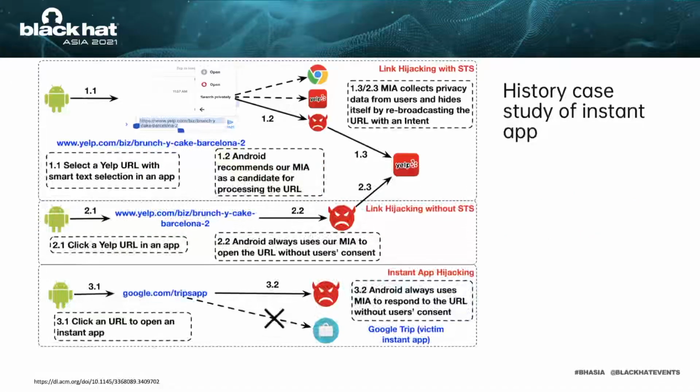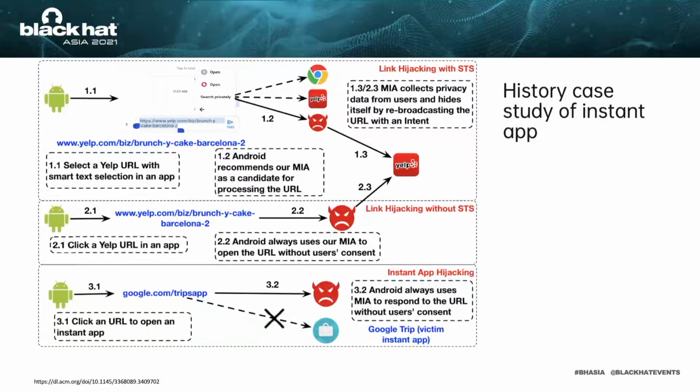Next, I will introduce a historic case study of Instant App. This comes from an ACM paper. It introduced a way of hijacking Instant App checks. When a Yelp URL is selected with smart text selection in an app, then a malicious app, MIA, is selected, Android will recommend our MIA as a candidate for processing the URL.